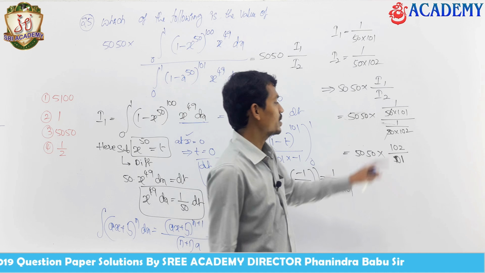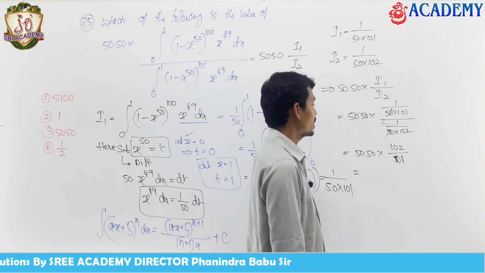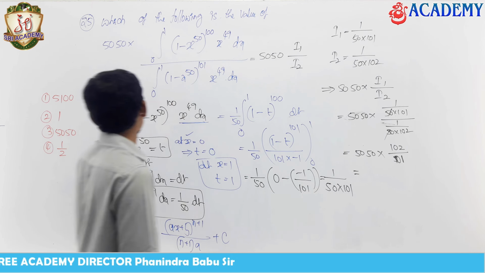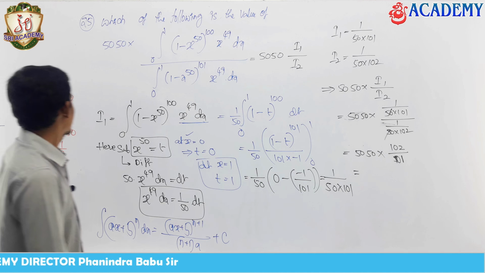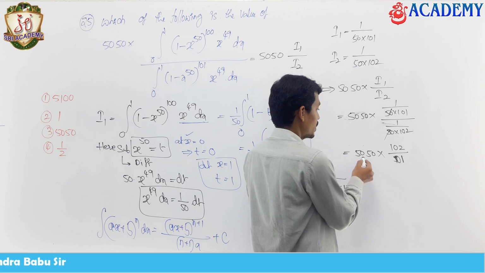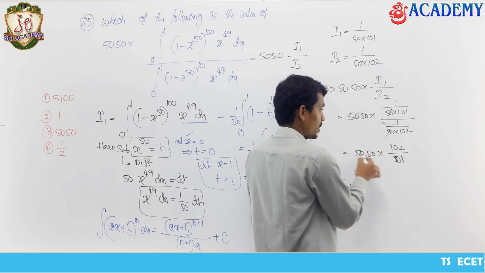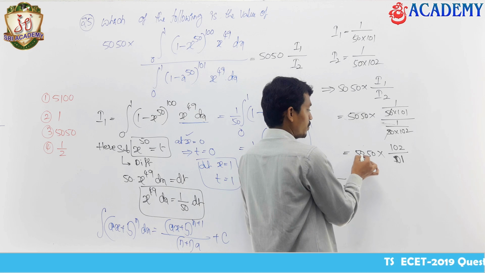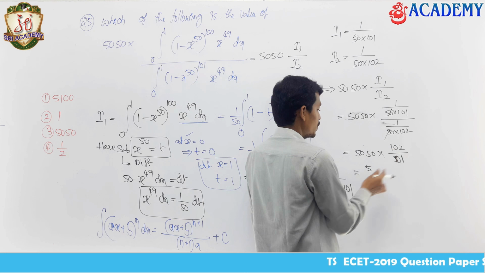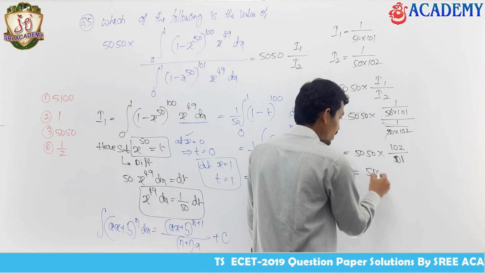If you multiply and simplify, 0 is there, 100 is there, simply you will get 5050 into 102. You will get here, simply you will get 5100.